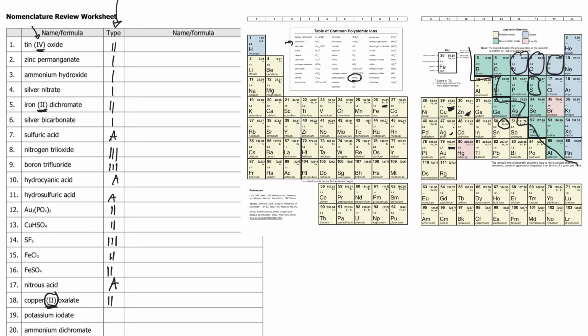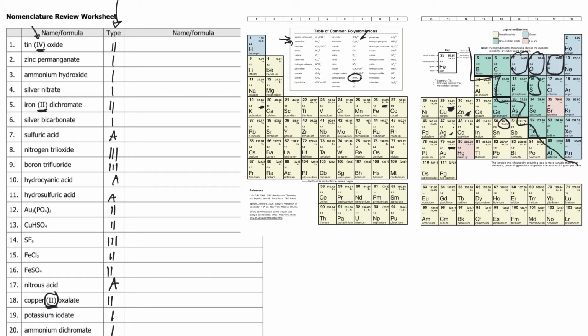Again, copper's right there, so there's 2 charges. Potassium is here. There's only 1 charge, so it's a type 1. Ammonium dichromate. Ammonium's up here. Dichromate is up there somewhere too. It's too small. Oh, there it is. It's hard to see. So it's a type 1 as well.